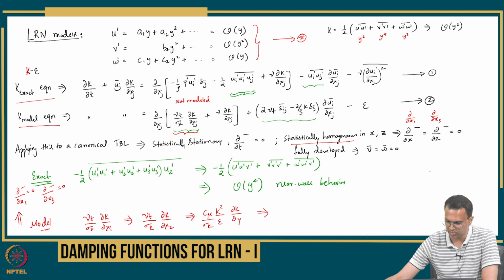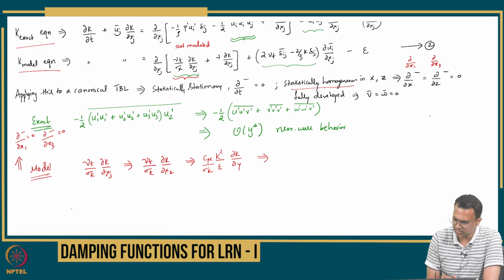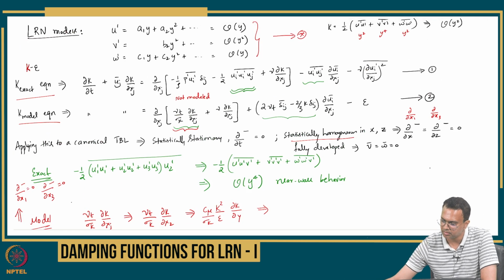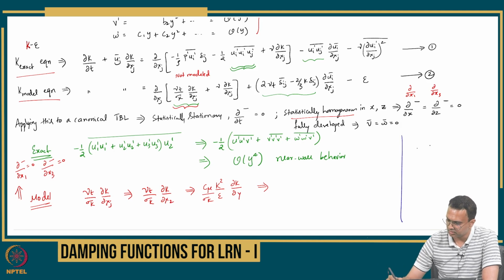We also have epsilon. Okay, so we need to also figure out what epsilon would do. So, let's see it here for the epsilon. Let me use another color. Okay, for epsilon now it is nu times dou ui prime by dou xj, square, average.